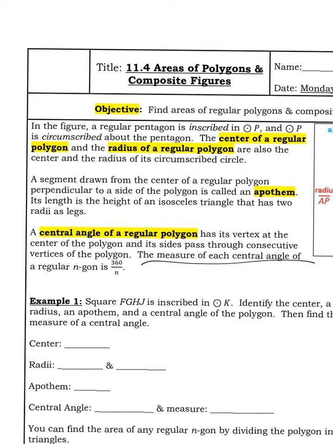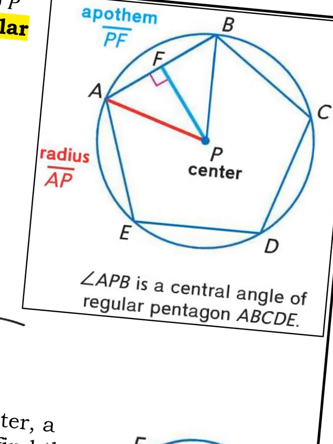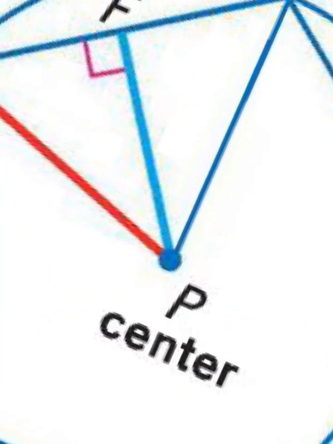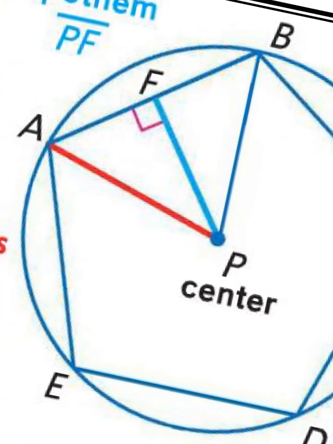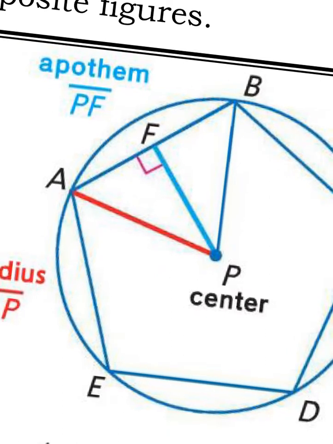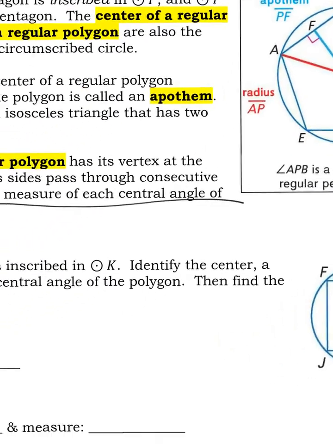What that's saying is, if I needed to figure out the missing side length of like the apothem or this radius or maybe FB, if I know the central angle, then if you recall from chapter 8, you can do some trigonometry, your sine, cosine, tangent to figure stuff out.